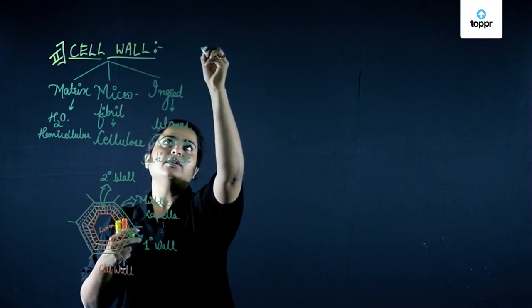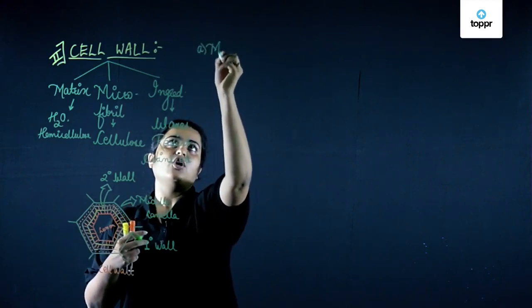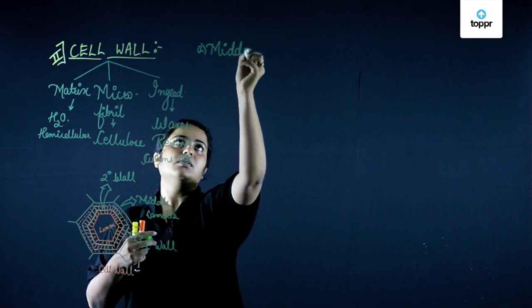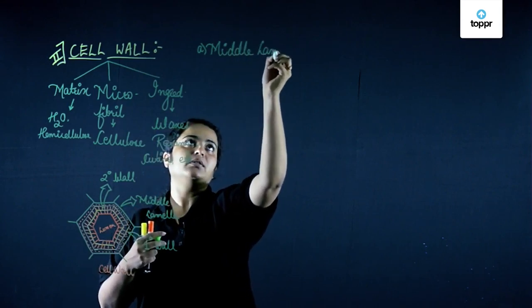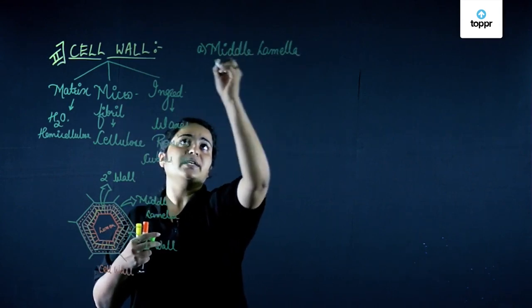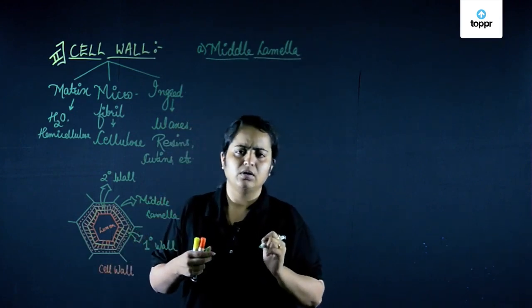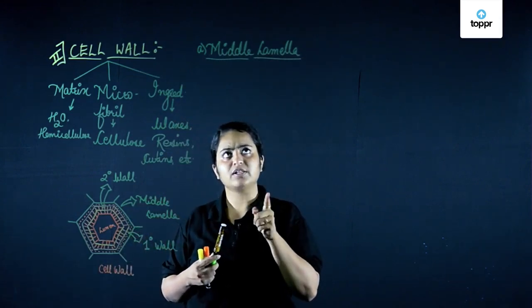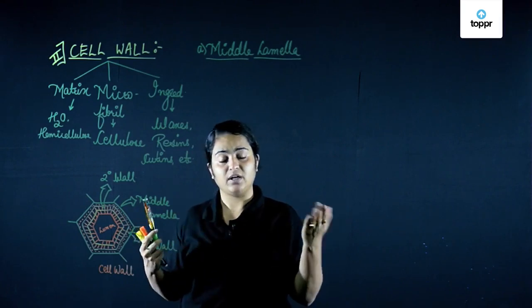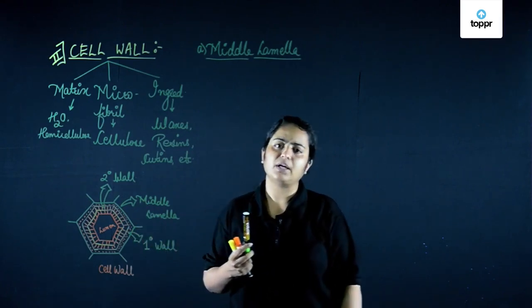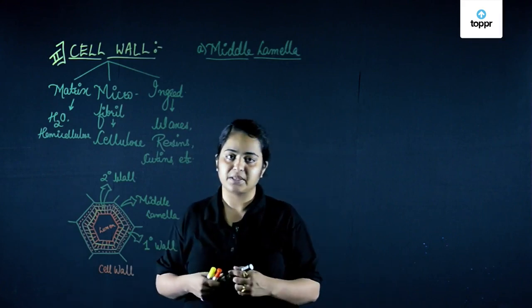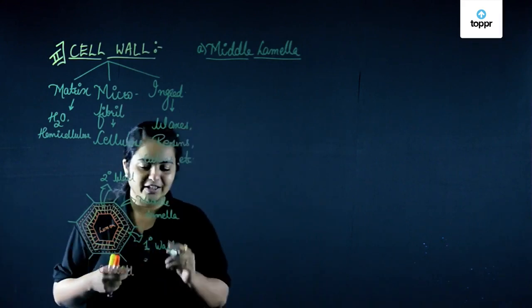The first component of the cell wall is called middle lamella, right? Now as the name says, middle lamella. Wait a second. We are saying this component is lying outside. So how can we name it middle lamella? Why do we name it middle lamella basically? Now don't get confused.